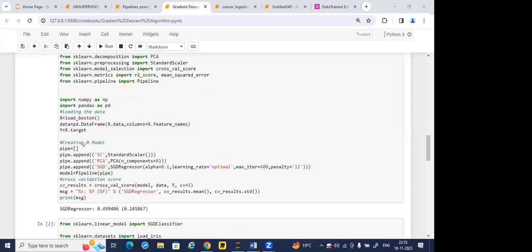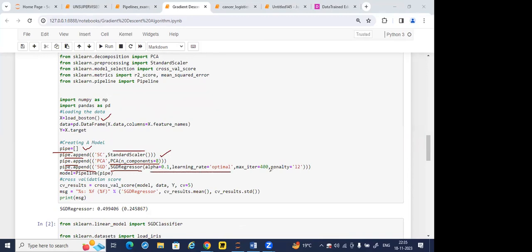Here I'm creating a pipeline. Pipe is the blank list I created. Pipe.append means applying the standard scaler, then applying PCA. It means if I load Boston, 13 columns are there, so just reduce them down to 8 columns. Then apply the stochastic gradient descent regressor.